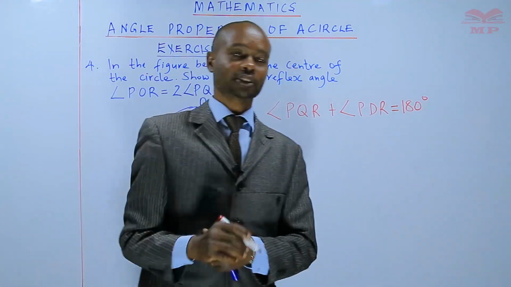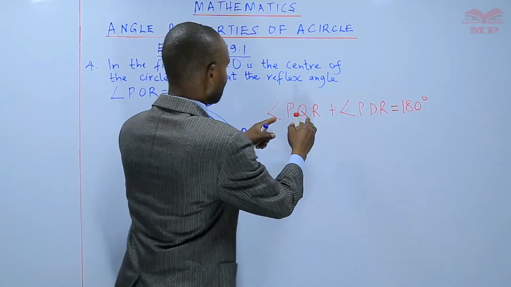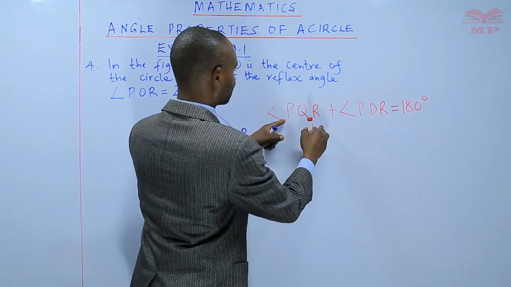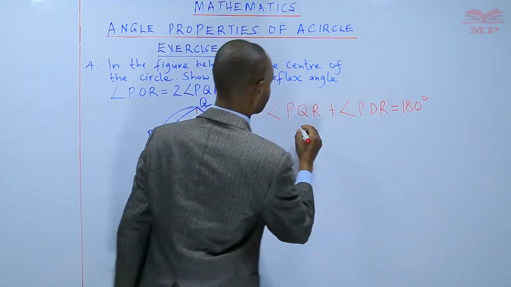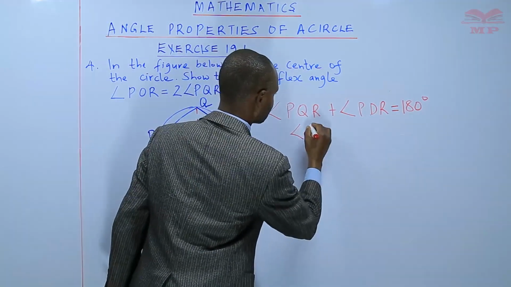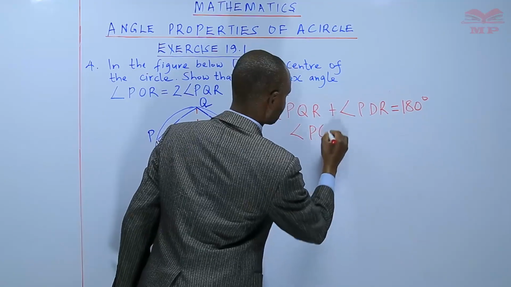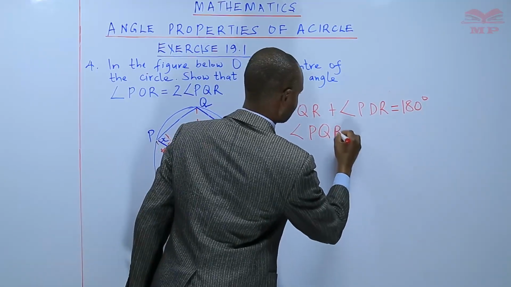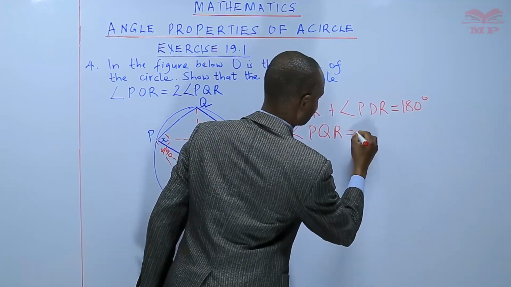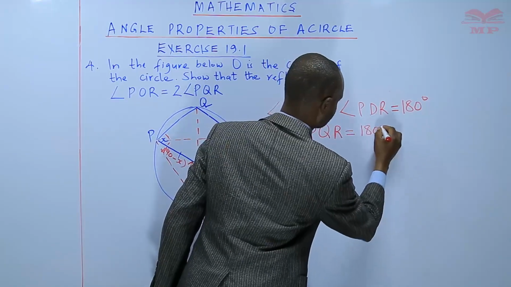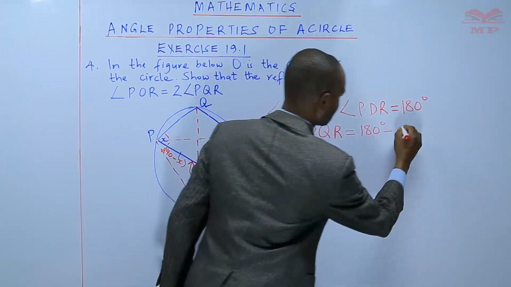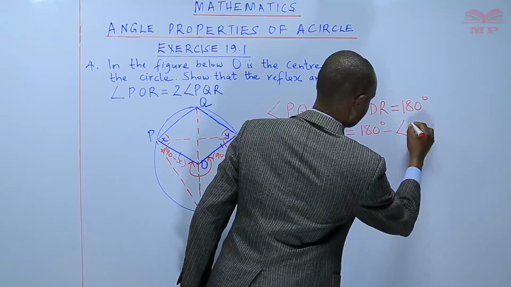So it goes without saying that angle PQR will be equal to 180 degrees subtract angle PDR.